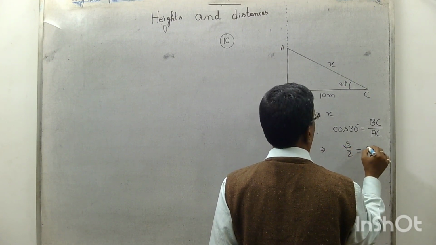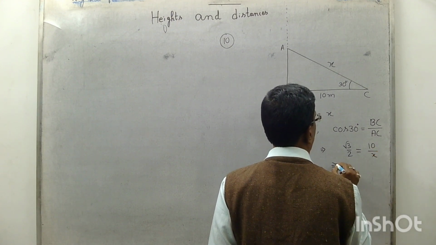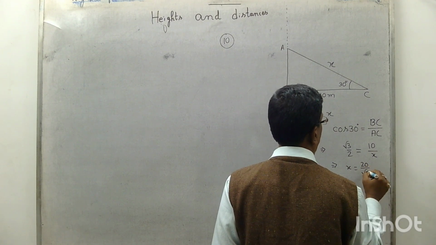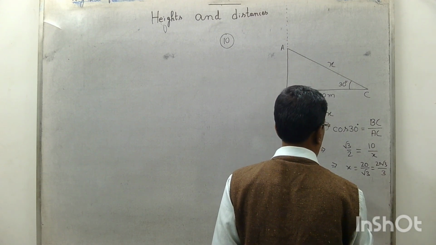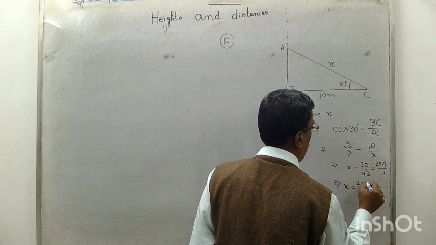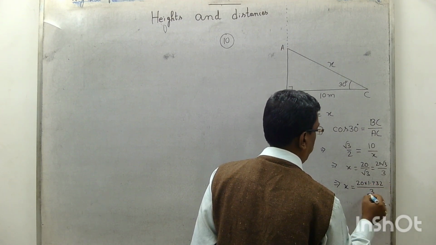BC means 10, AC means X. So AC equals to 20 by root 3, which is 20 root 3 by 3. Implies that X is equals to 20 into 1.732 by 3.